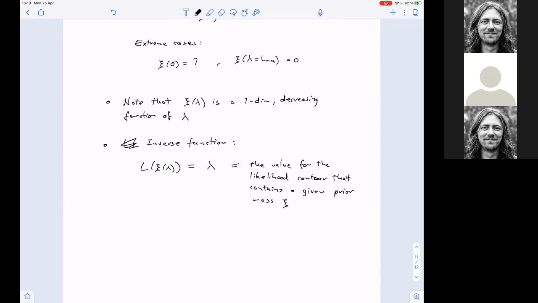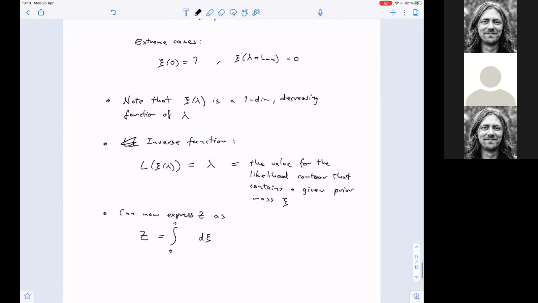And this means that we can now express the evidence as a one-dimensional integral. So it's a one-dimensional integral over prior mass, and we integrate over the entire range of prior mass from 0 to 1.